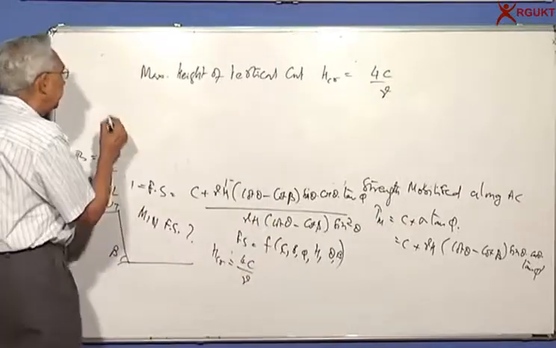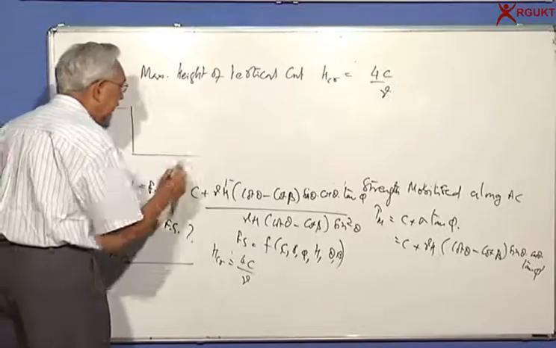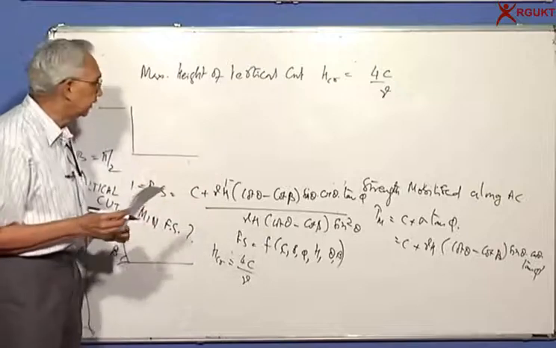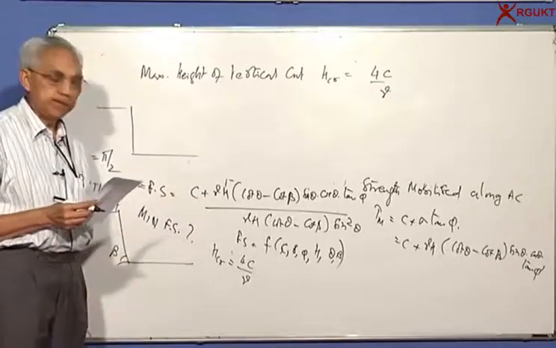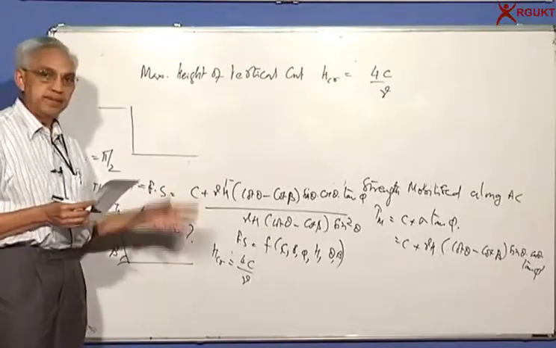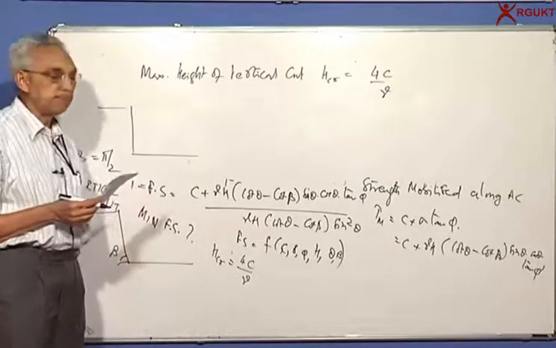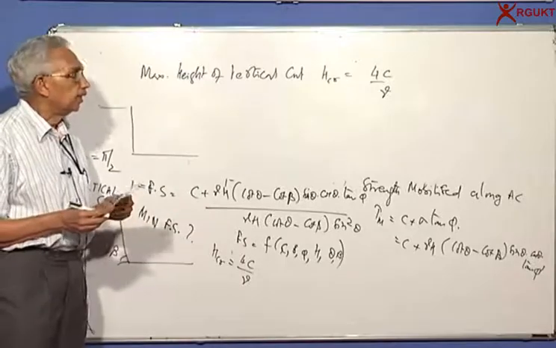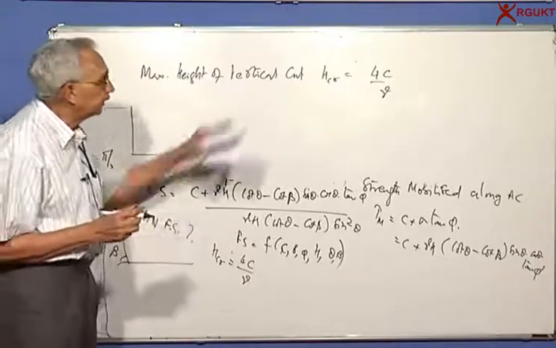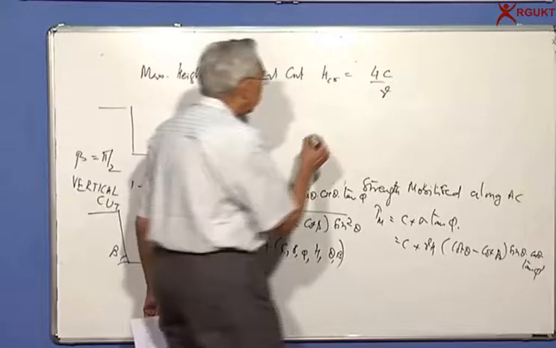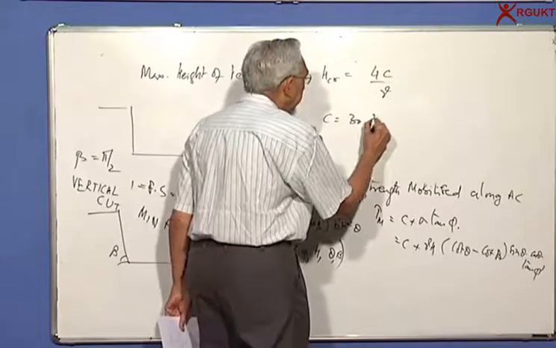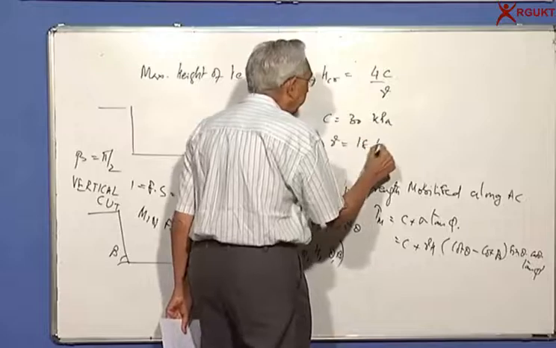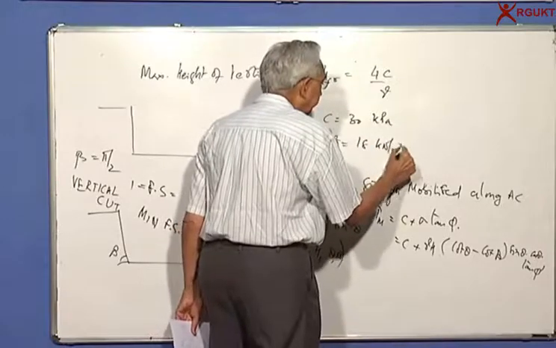So when you are making an excavation, for example, in Visakhapatnam, Guntur, Vijayawada, etc., where you may get cohesive soils, you can tell the client the maximum height he can go without supporting the vertical cut. In Hyderabad, we have no problem because c is very high. Let us say c is equal to some 30 kPa. Gamma usually is of the order of 18 kilonewtons per meter cube.